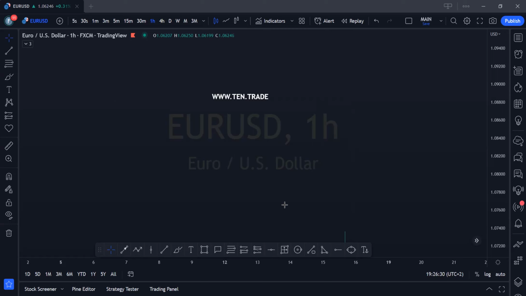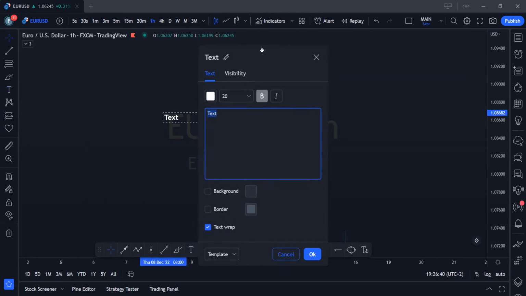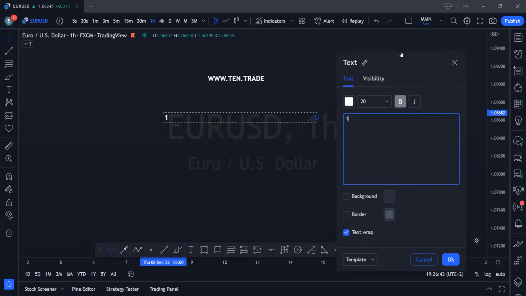So let us go ahead into what we're doing today. Now, today, we want to touch on a few concepts. We'll just write it down. Basic concepts I'm looking at today. Number one, we'll be looking at how to open a buy or sell trade.